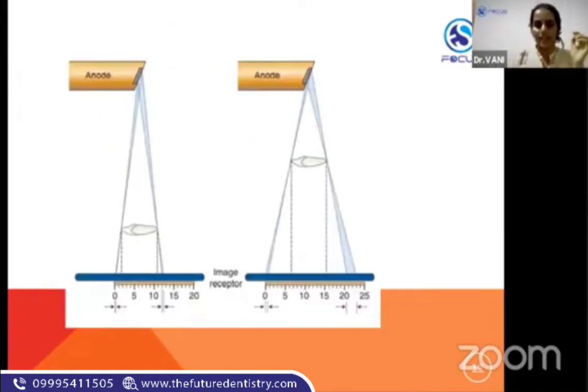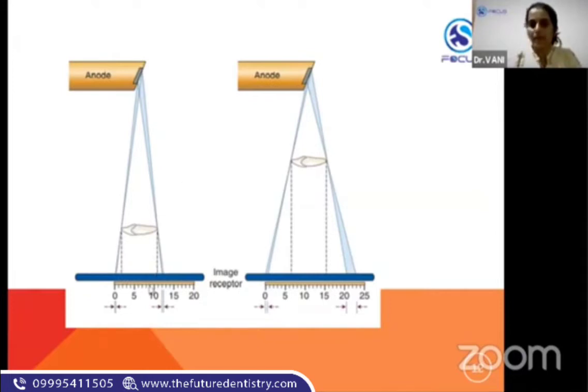Again, the same one. See here, in picture A, you can see there is a long distance between the focal spot and the object. And the object is close enough to the image receptor. The distance between the dotted lines is actually the actual length of the tooth being imaged. So in the first picture there is only a very small magnification.